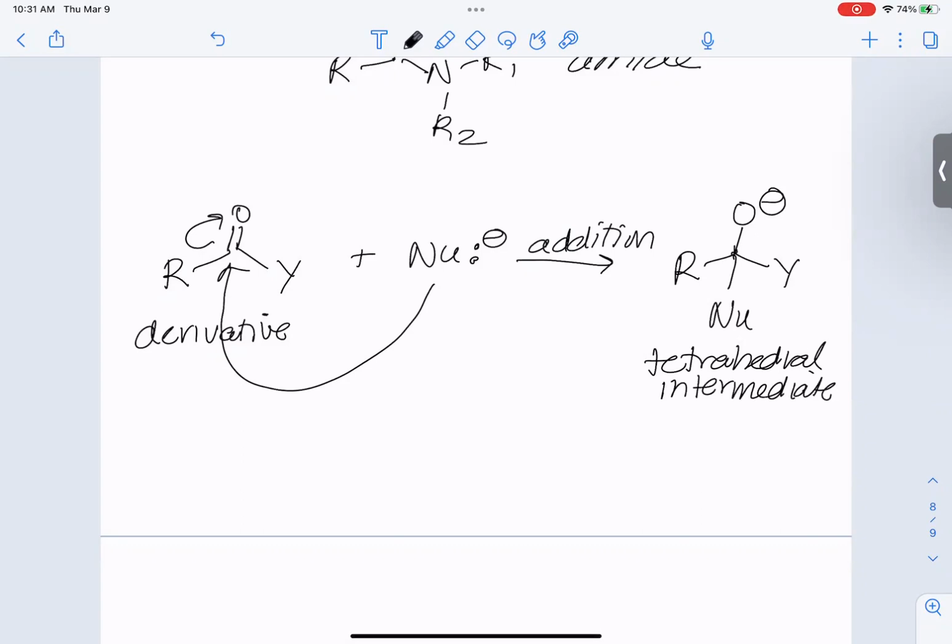But now what happens is, because we have a leaving group, we get an elimination, which again is what we saw in the Fischer esterification. These electrons can come down and kick off Y. When we did the Fischer reaction, we had to make a good leaving group. We had to protonate.